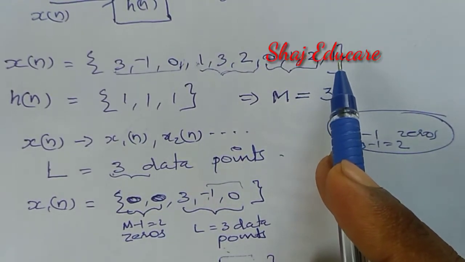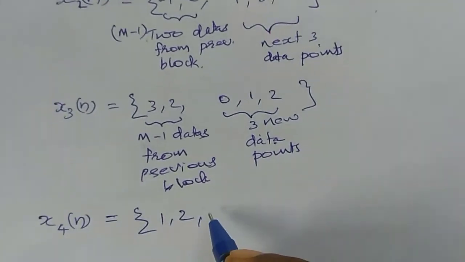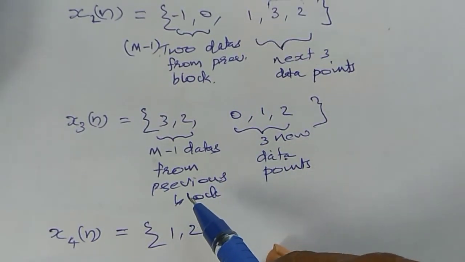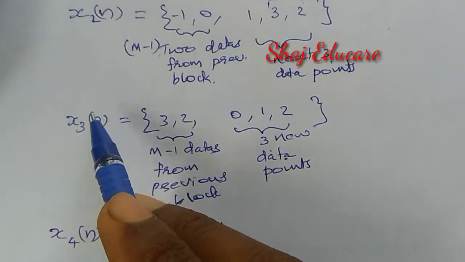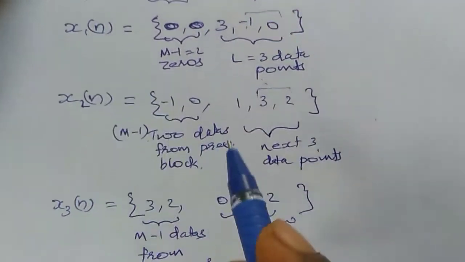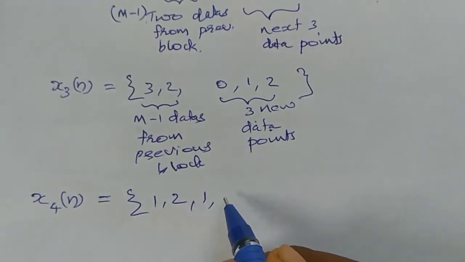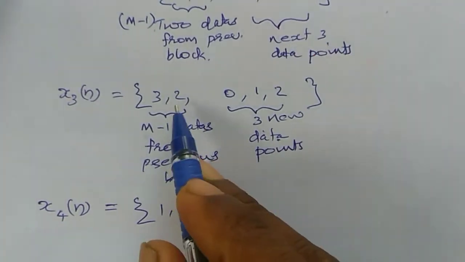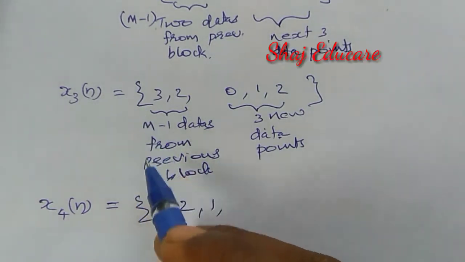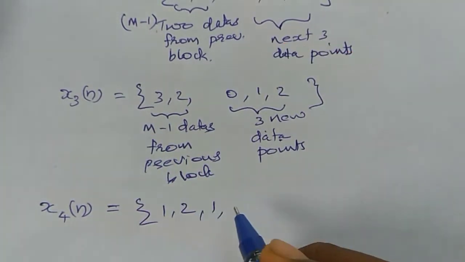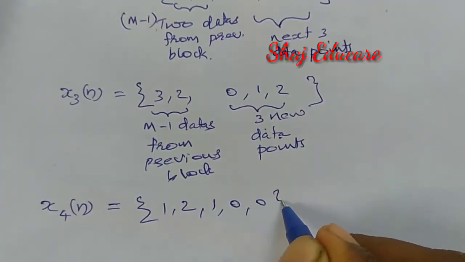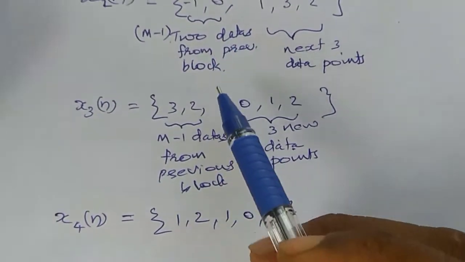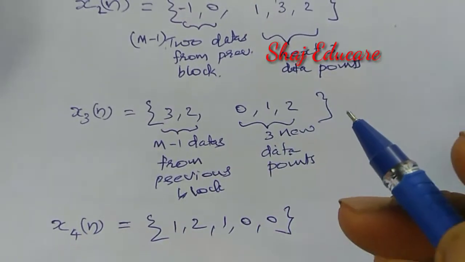Here we have only 1 element. In order to make the length equal to x3 of n, x2 of n and x1 of n, we have to put 2 more zeros so that each block has the same length. Now the data block making procedure is over.